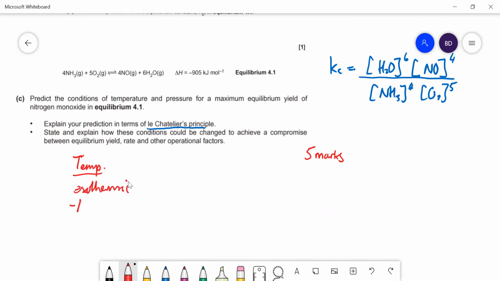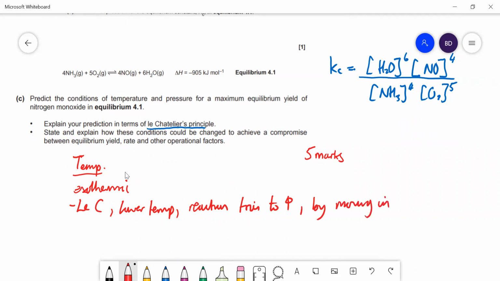So Le Chatelier's principle tells us, if we lower the temperature, the reaction tries to increase the temperature by moving in the exothermic direction, i.e. forwards. So we'll get better yield at a lower temperature.